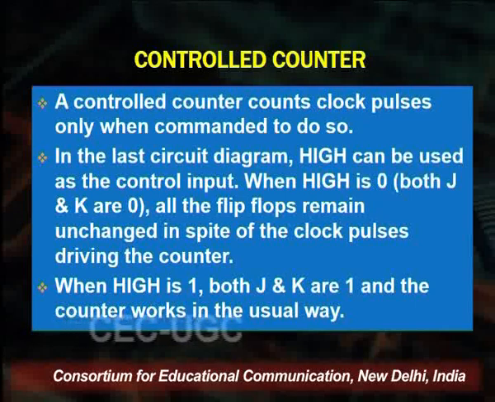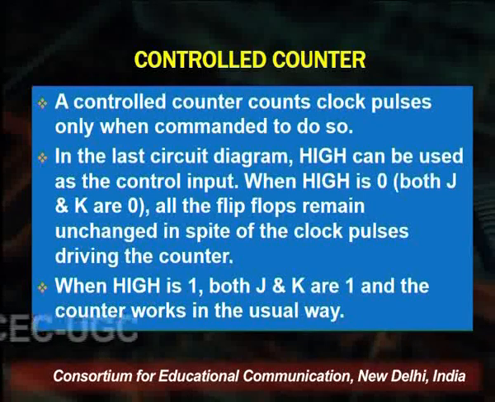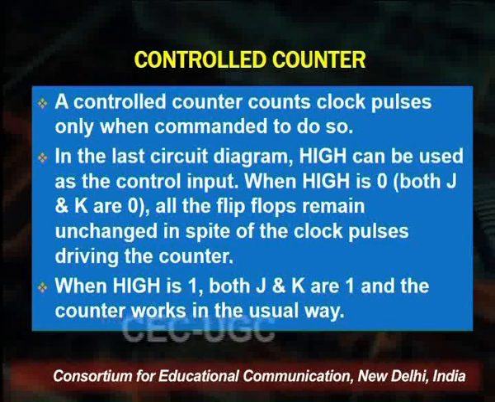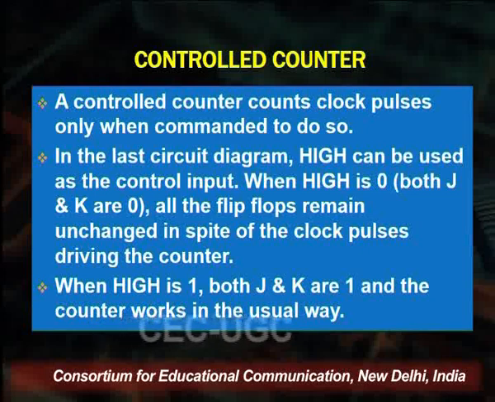A control counter counts clock pulses only when commanded to do so. In the last circuit diagram, the connection high can be used as the control input. When high is 0, both J and K are 0, and all the flip-flops remain unchanged in spite of the clock pulses driving the counter.